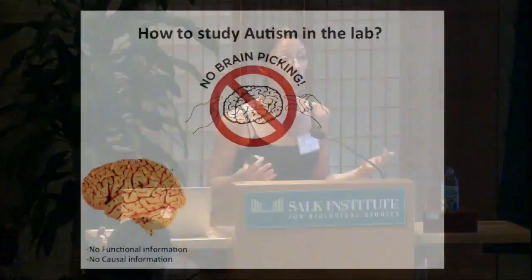We have gotten a lot of interesting insights from this strategy. But two major limitations of this strategy are, first, that we cannot get functional information. When we get post-mortem samples from a brain after the patient has passed away, you don't know what the cell was doing, because you are pretty much looking at dead tissue.